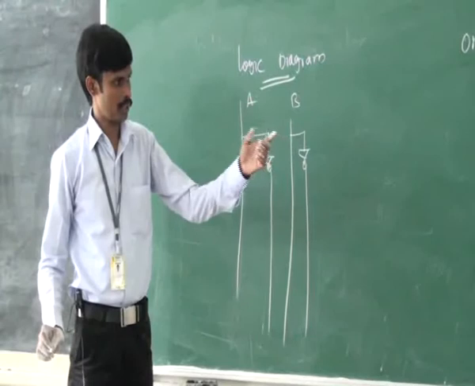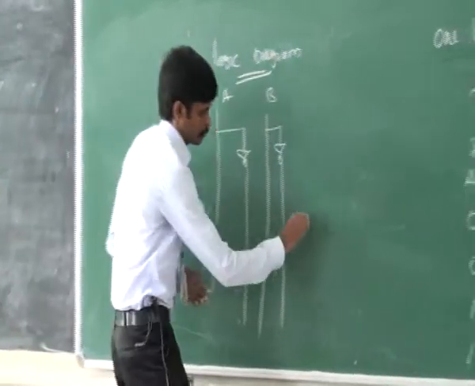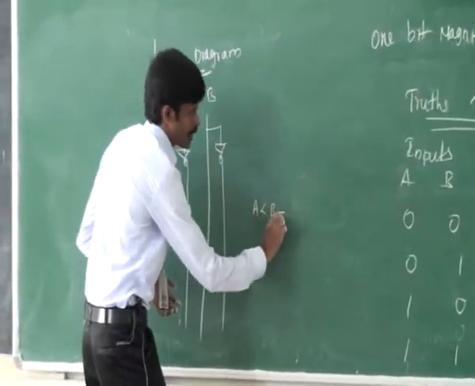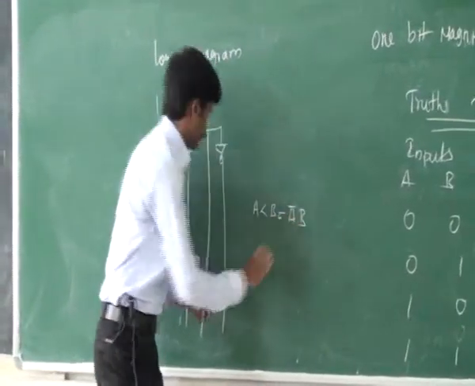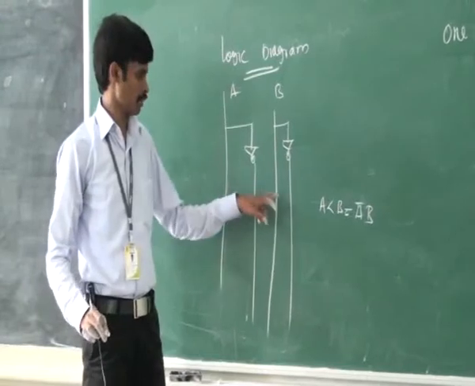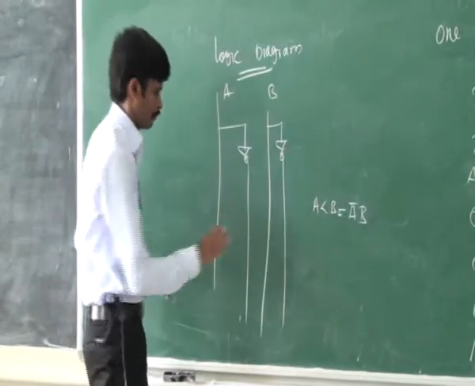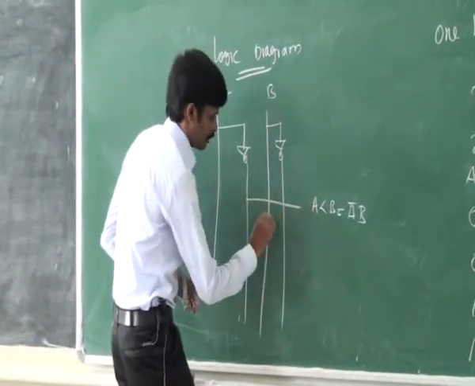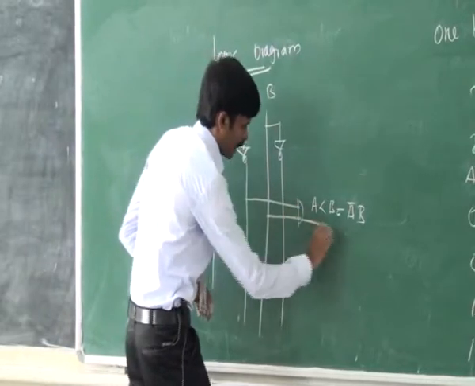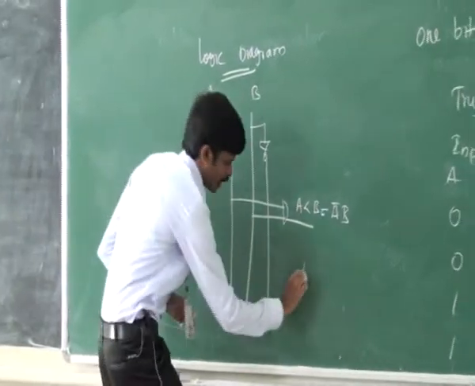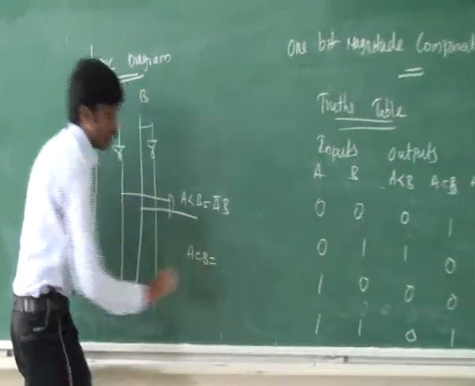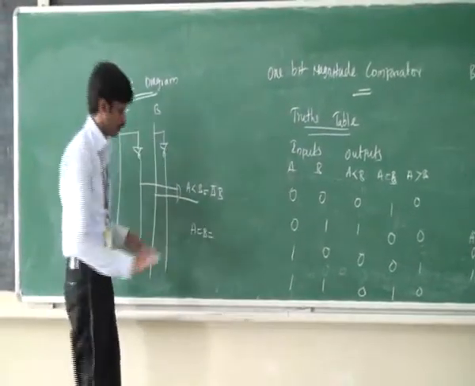The first output will be A less than B. A less than B is equal to A bar B. This one represents A bar, this one represents B. A bar is ANDed with B to get A less than B.